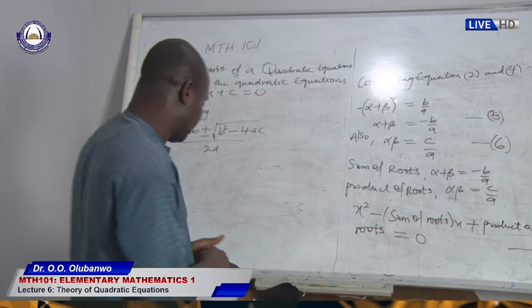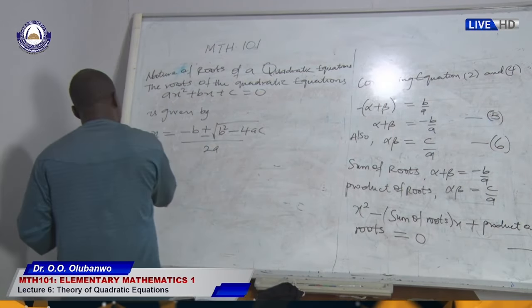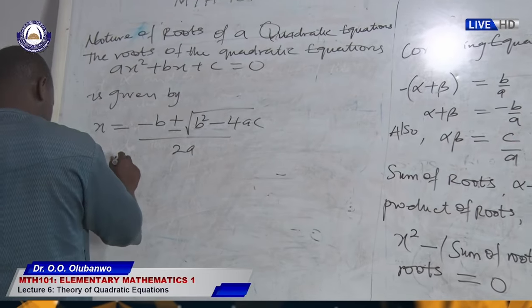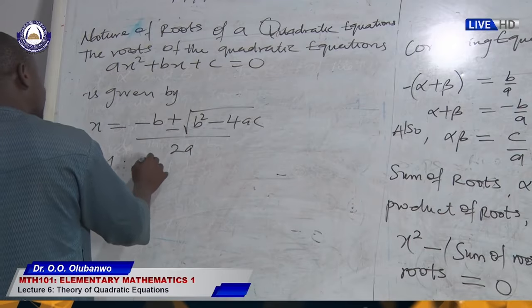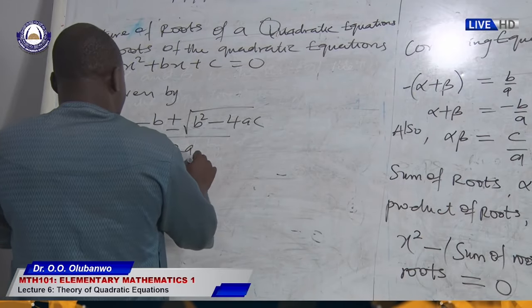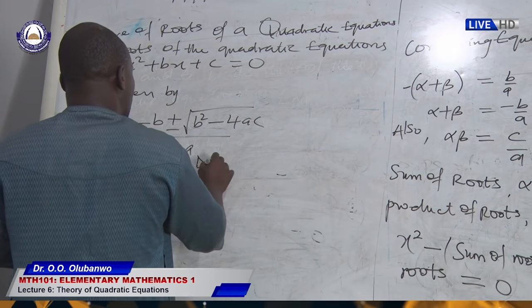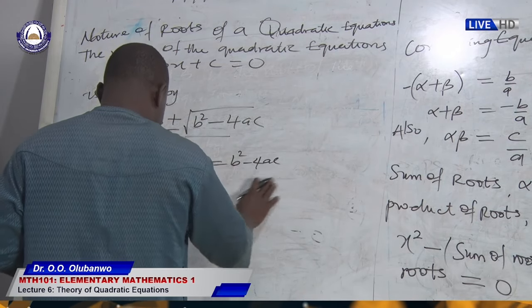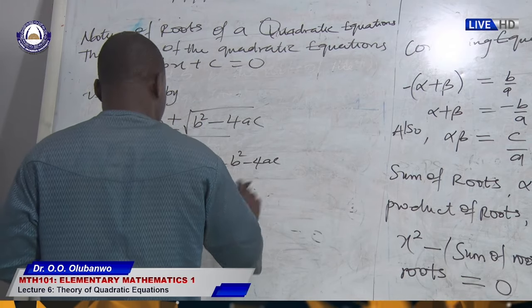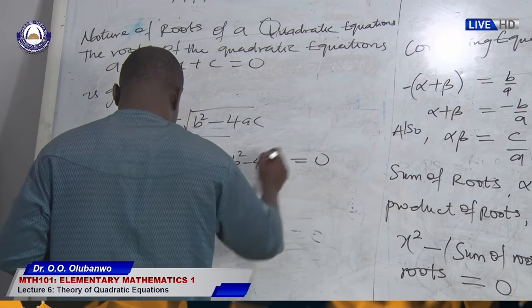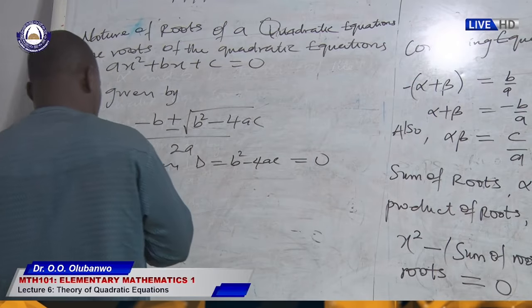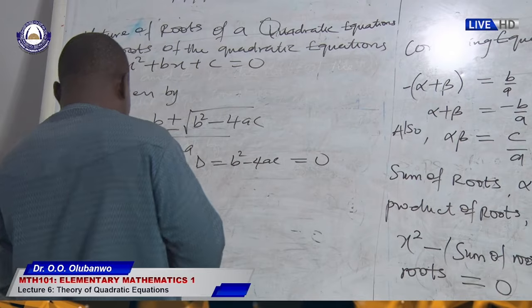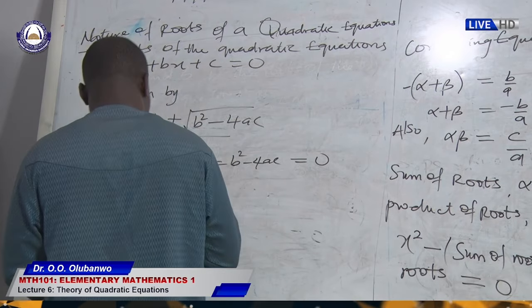Case 1. When our D equals b squared minus 4ac is equal to 0, naturally, we are talking about equal roots.